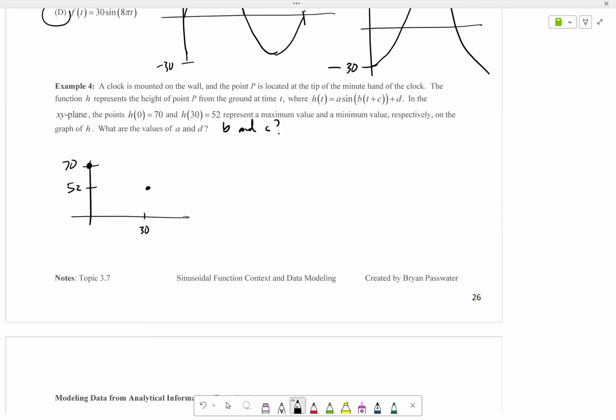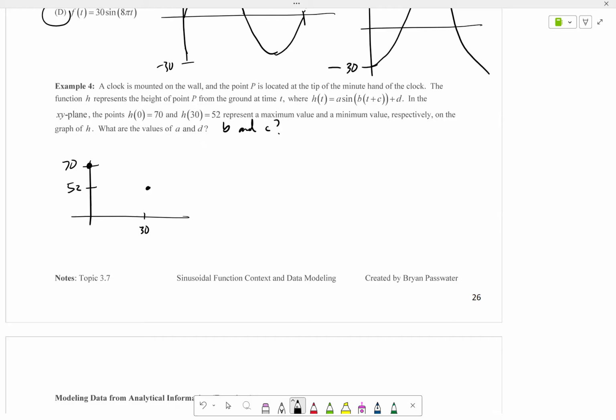It starts here. Okay. The midline is 60, so plus 60. C is, you moved it to the left, so you do the plus 30. You want to start on the zero, so you move to the left.